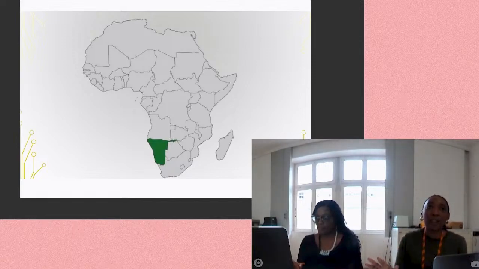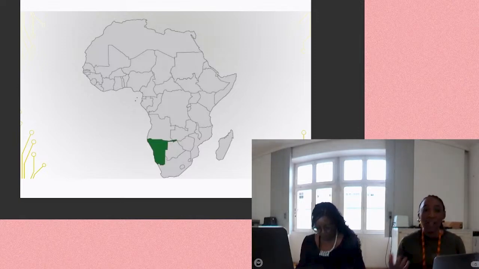We have about 13 ethnic groups in the country, and depending on where they live, it also shows in the type of traditional clothing that they wear. It's making use of what is available in your environment, and it shows in very contrasting and beautiful ways.